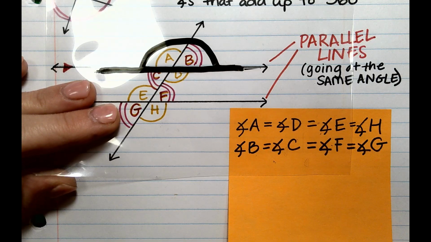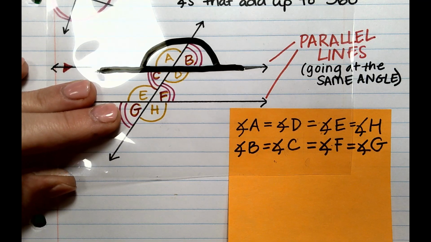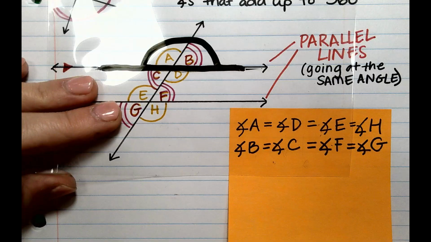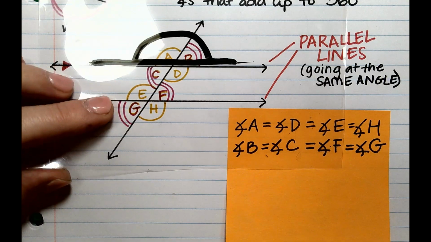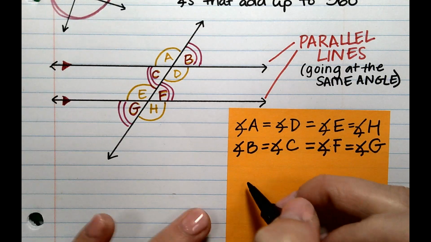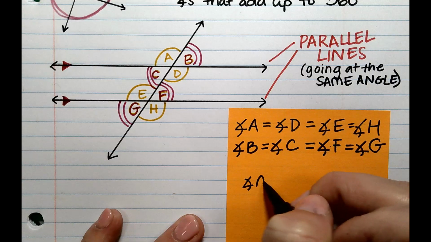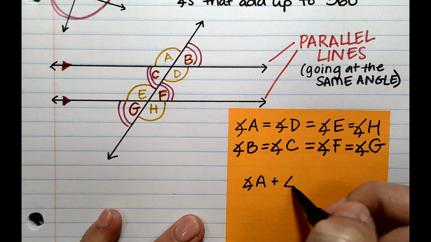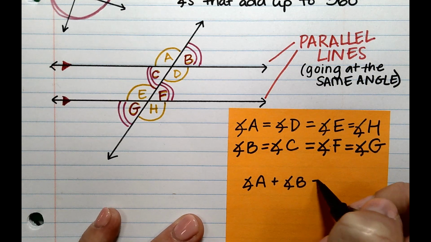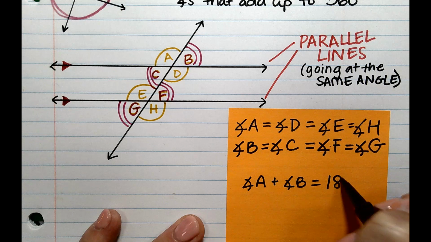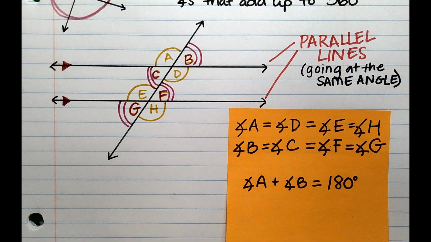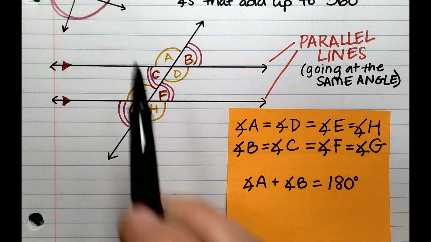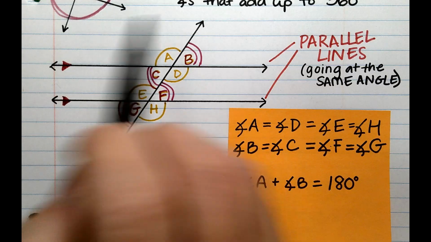What would that be? Yes. A plus B equals 180. So angle A plus angle B equals 180. Because they are supplementary, they make a straight line.